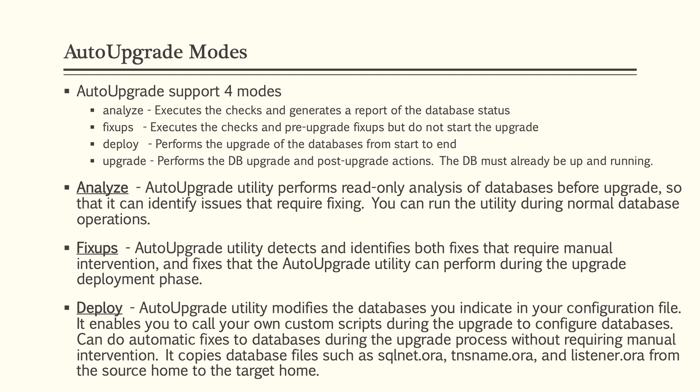Then the best case would be to run auto upgrade with deploy. When you run it with deploy, end to end, it would do everything. Now, when somebody asks, what do you mean by end to end? I say everything that is done in the analyze phase and everything that is done in the fix up phase will automatically be done in the deploy phase, till the very end of the upgrade, that is upgrading the database and starting it up with the 19c version.